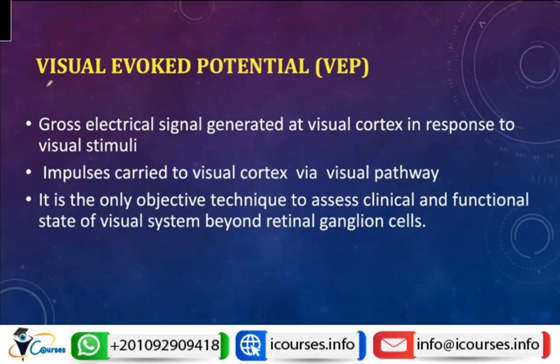The first and the only device that will record the electrical activity from the visual pathway is called the visual evoked potential. This will record the visual activity coming from the eye until the visual cortex, passing through the visual pathway. So this is the only test that can be used clinically in order to test the state of the visual system beyond the ganglion cells.